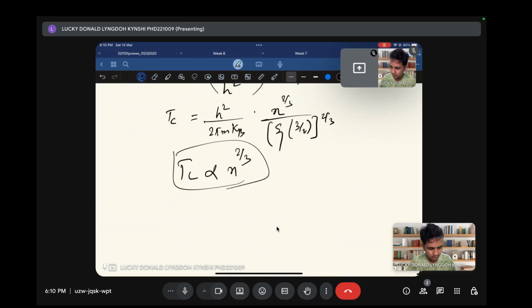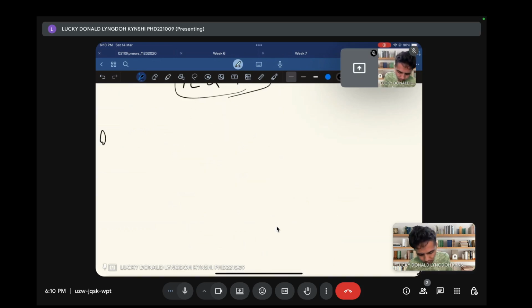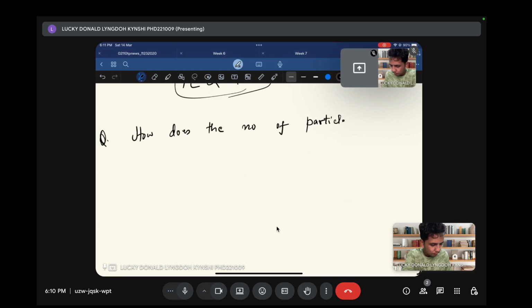Now question B says: how does the number of particles in the condensate depend on temperature?